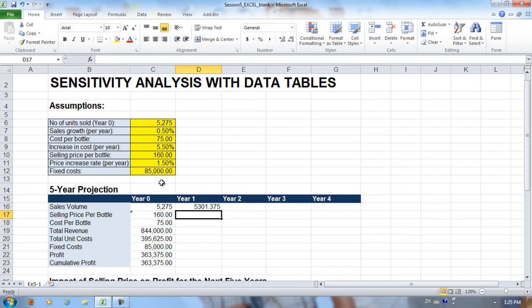Selling price for year 1 is the previous year's selling price plus our projected price increase. Cost per bottle for year 1 is the previous year's cost per bottle plus our projected cost increase.